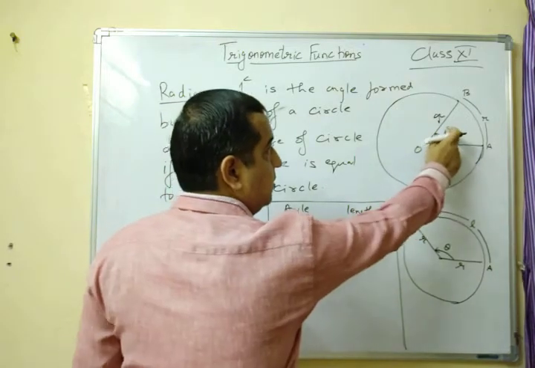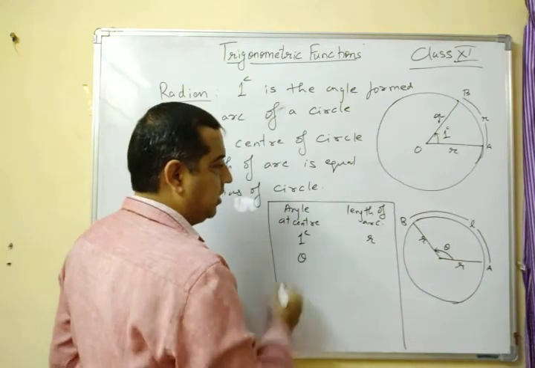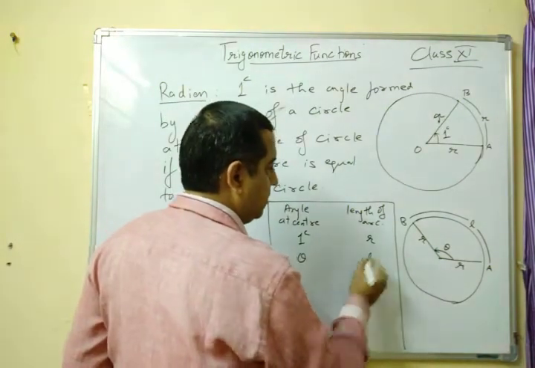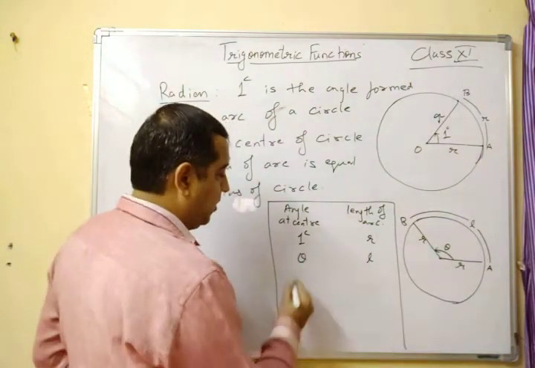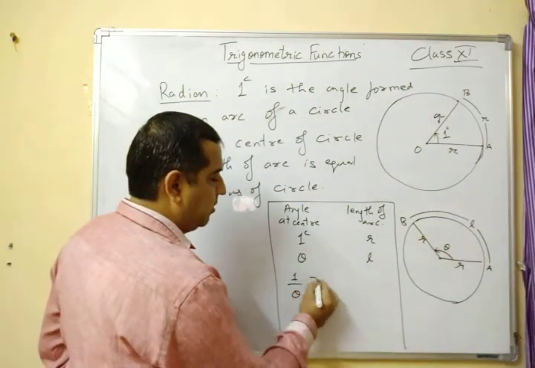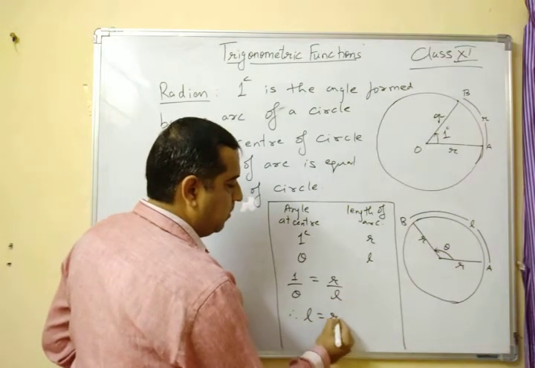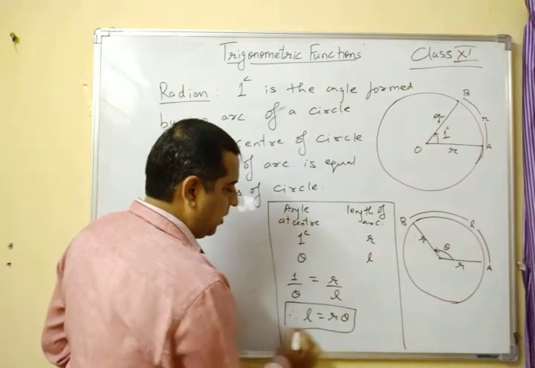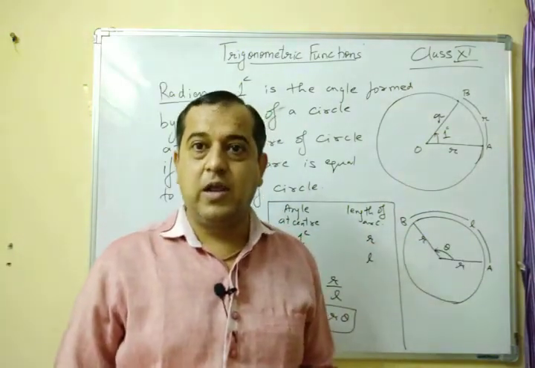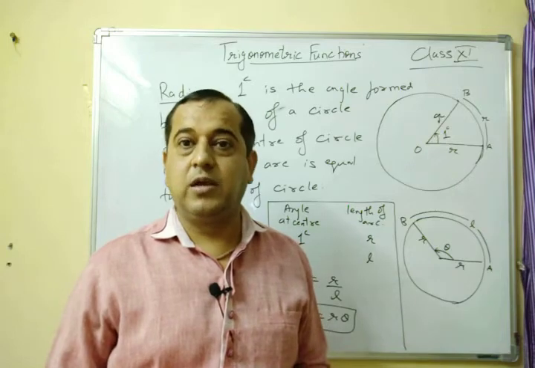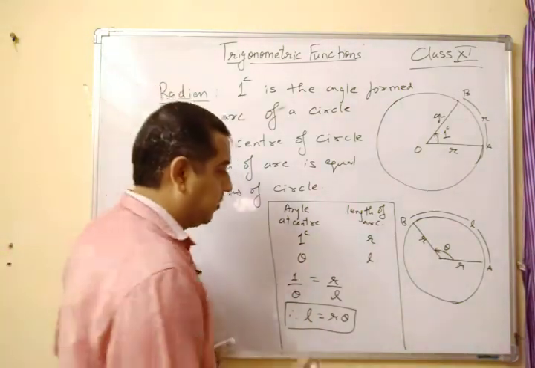And if the angle is theta, then the length of arc is L. Okay, this gives you 1 by theta is equal to r upon L. Therefore L is equal to r theta. This is the relation between length of arc, radius of circle, and angle formed by the arc at the center of the circle. Okay, L is equal to r theta.